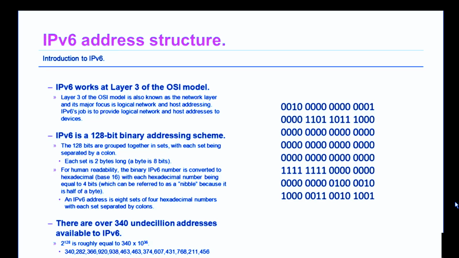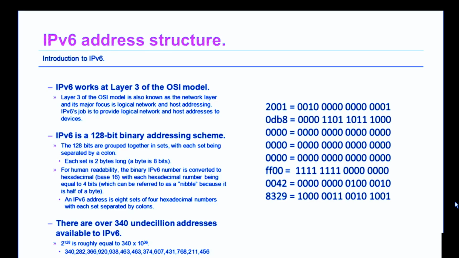IPv6 is a 128-bit binary addressing scheme as opposed to IPv4's 32 bits. The 128 bits are grouped together in sets, with each set being separated by a colon. Now each of these sets is 2 bytes long, and a byte is 8 bits.